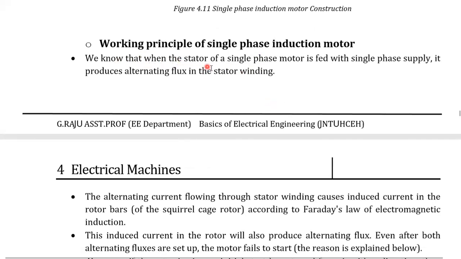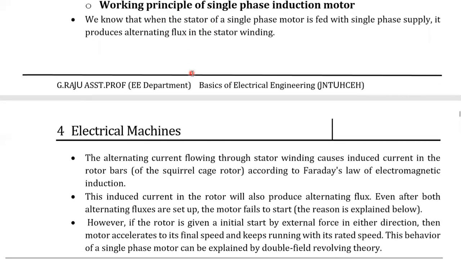We know that when the stator of a single phase motor is fed with a single phase supply, it produces an alternating flux in the stator winding. Am I right or not? The input supply of the single phase induction motor is AC.